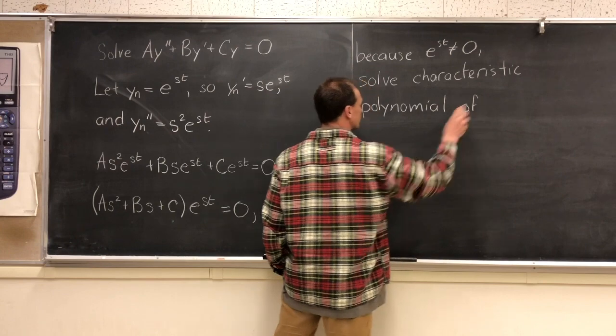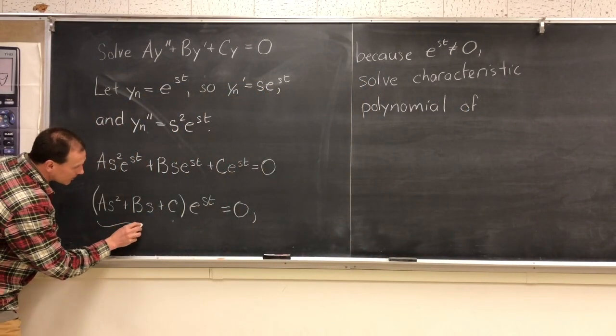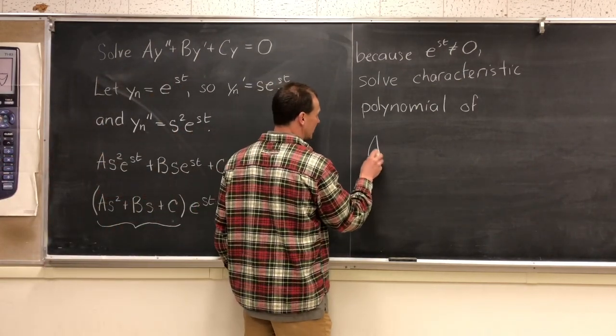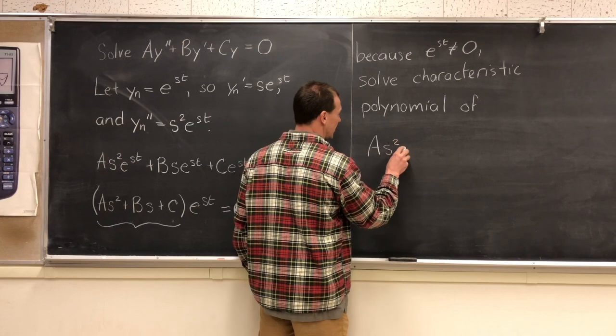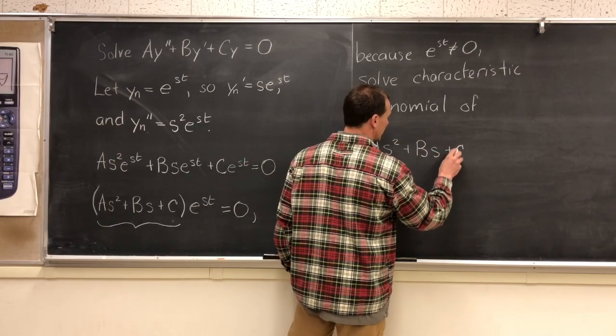This piece right here is our characteristic polynomial, and what we need to do is find the solutions to a s squared plus b times s plus c equals 0.